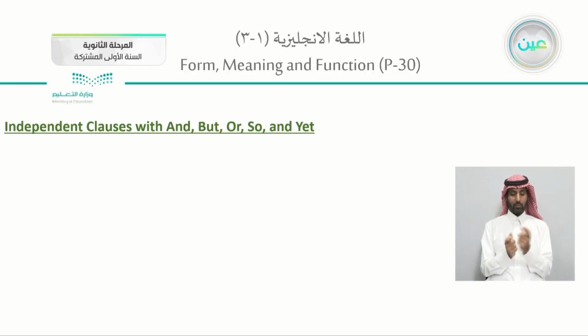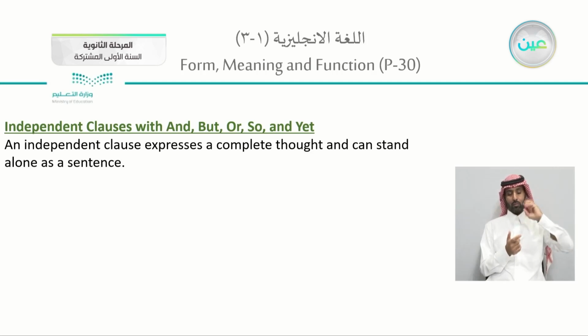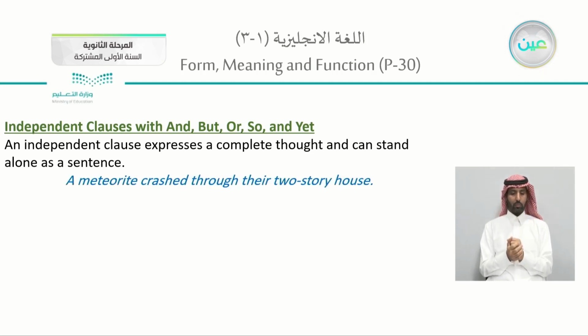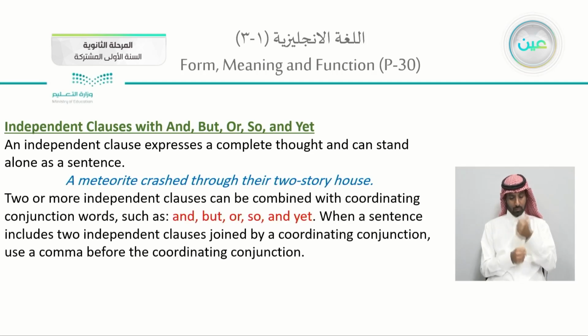Okay, in your book's page 30, independent clauses with and, but, or, so, and yet. An independent clause expresses a complete thought and can stand alone as a sentence. A meteorite crashed through the two-story house. This is one independent clause.